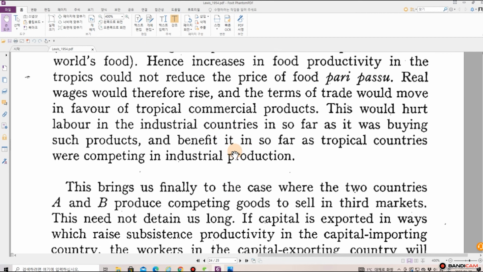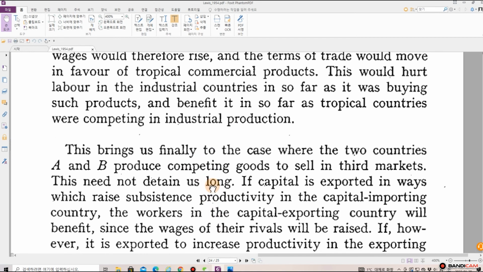Real wages would therefore rise and the terms of trade would move in favor of tropical commercial products. This would hurt labor in the industrial countries insofar as it was buying such products and benefit it insofar as tropical countries were competing in industrial production.